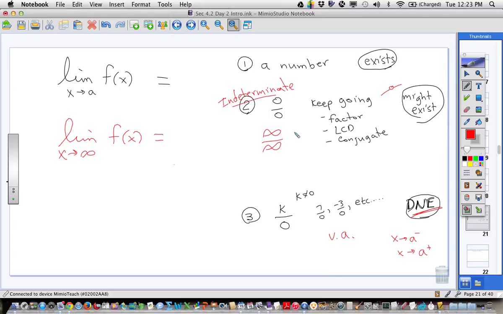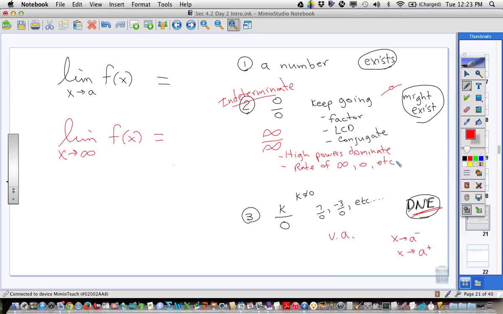Okay? And one of the things we learned with infinity over infinity was high powers dominate. If you have a higher power, as x gets really big, right? And another thing we talked about is it's the rate of infinity or 0, etc. In other words, it's how big.